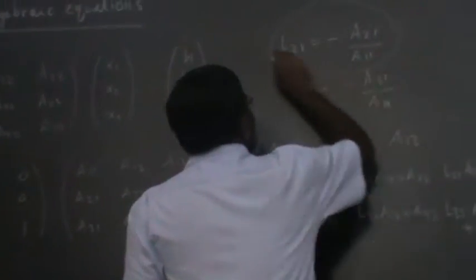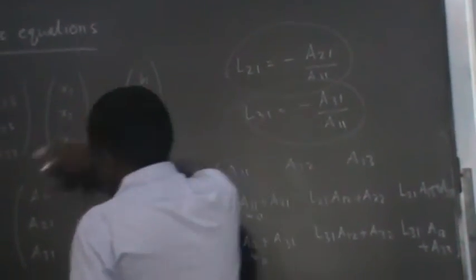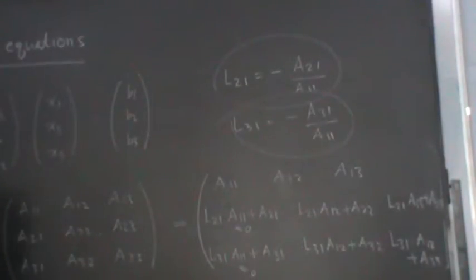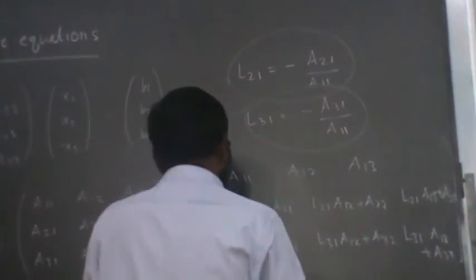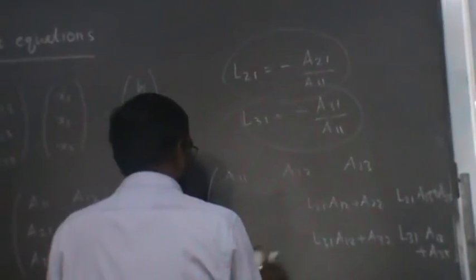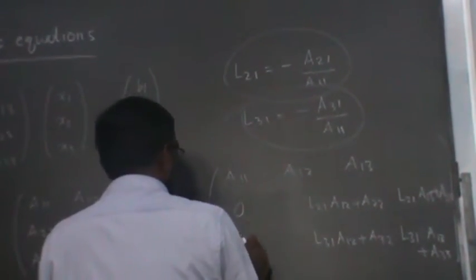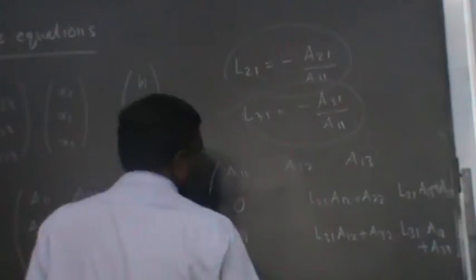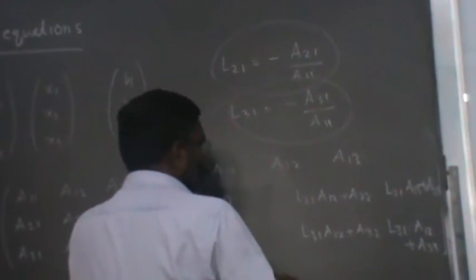If I choose these two factors, the resulting matrix is going to have 0 and 0 here, and some elements here.